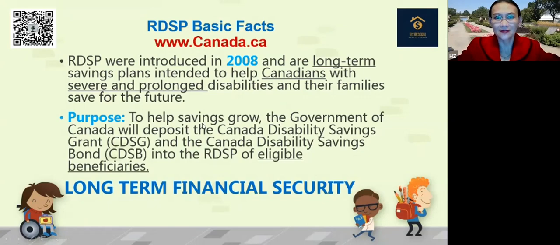It is to help savings grow. The government of Canada will deposit the Canada Disability Savings Grants, we call it CDSG, and the Canada Disability Savings Bonds, CDSB, into the RDSP of eligible beneficiaries. And so we provide long-term financial security to the family.